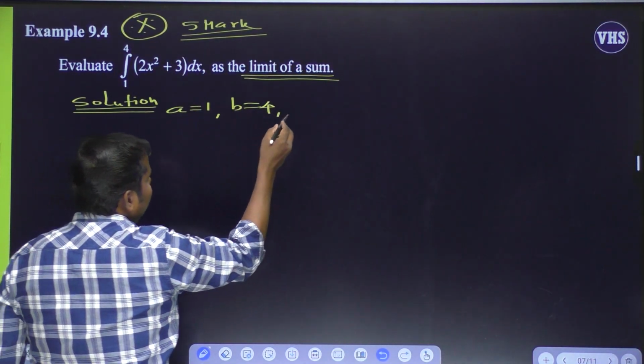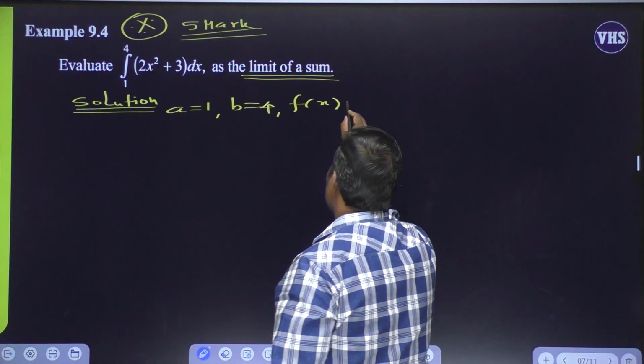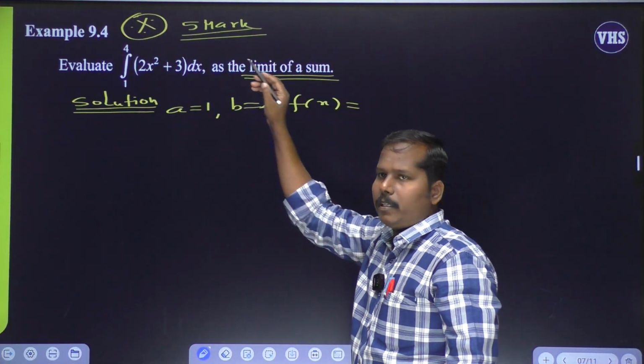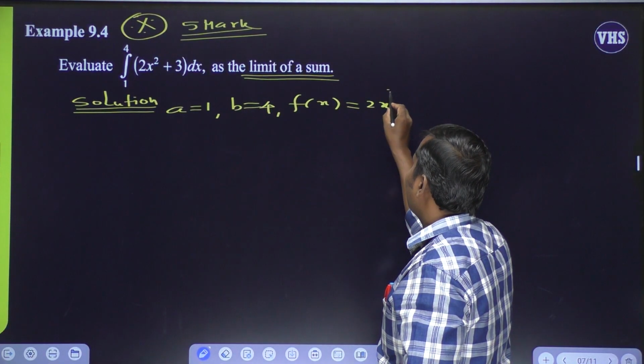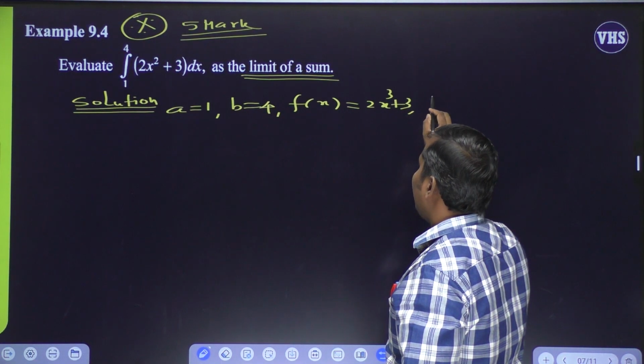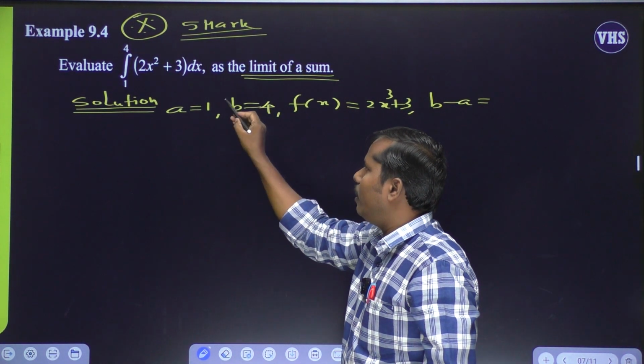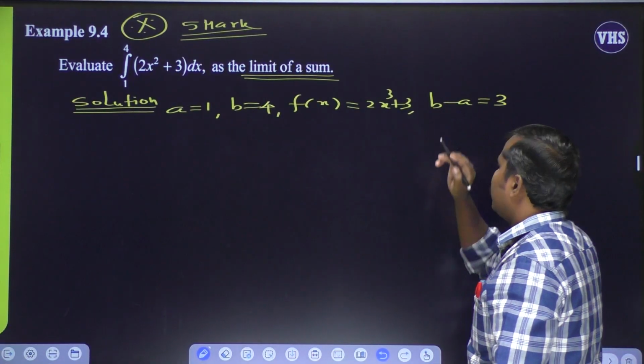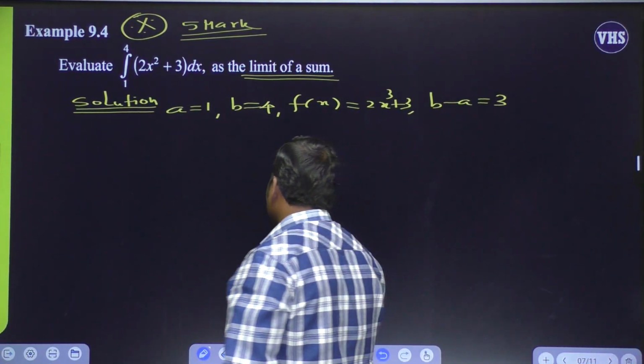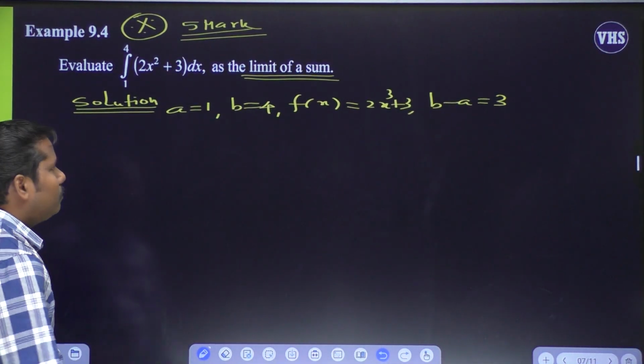What is f of x? 2x square plus 3. Then we should calculate b minus a. b is 4, a is 1, so 4 minus 1 is 3.